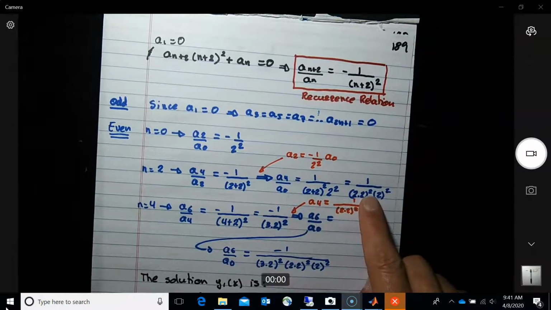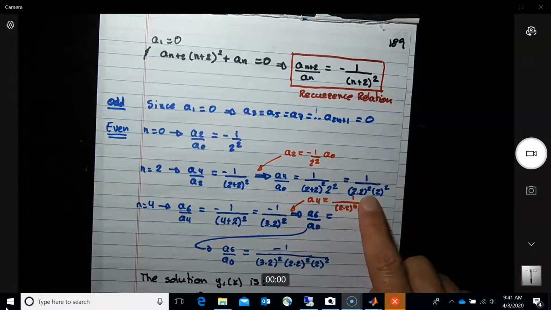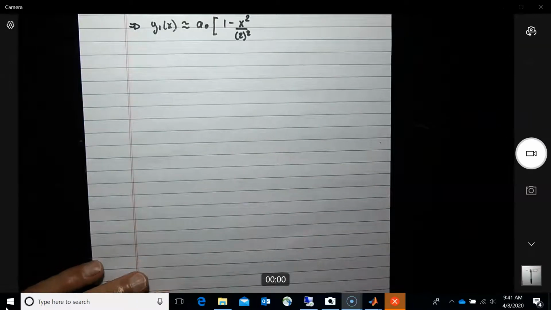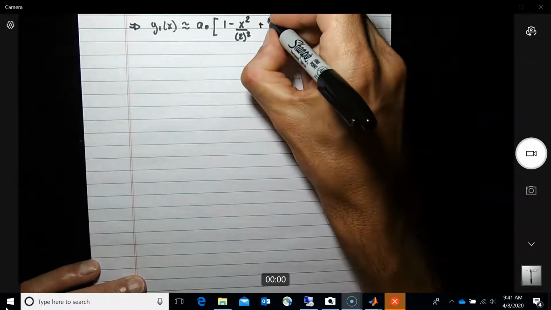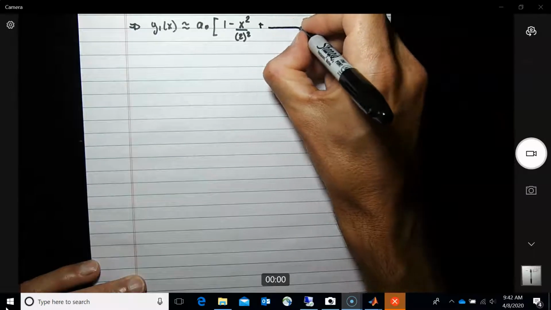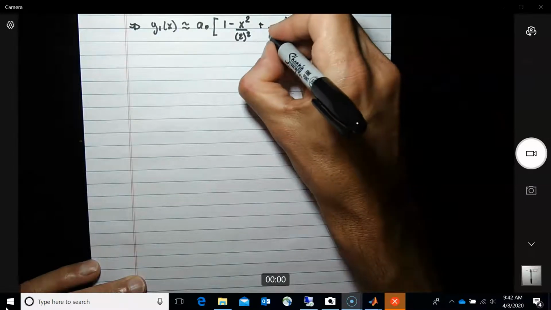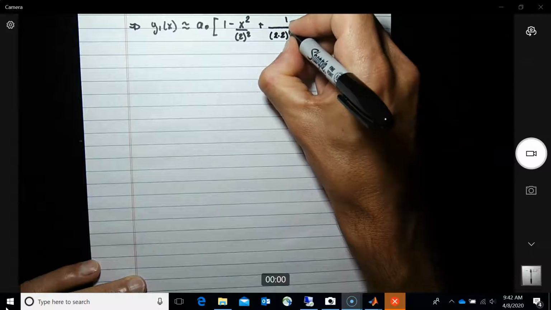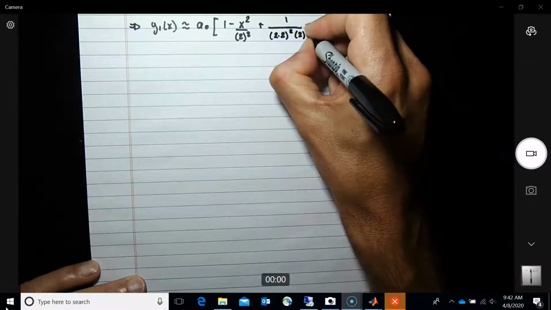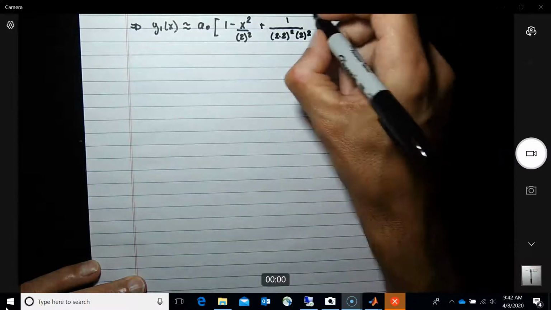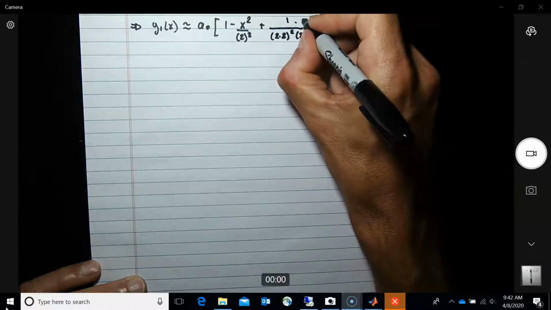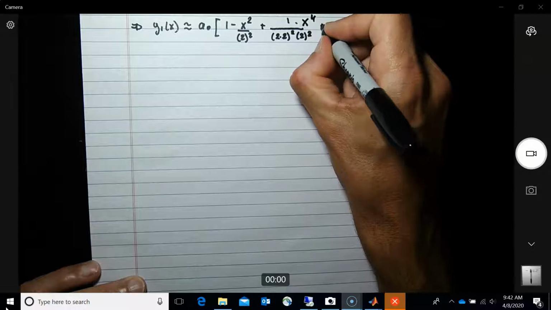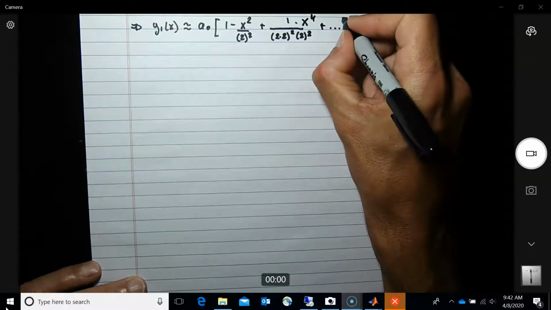The next one is a4 over a naught, which is over here, all right? So this will be equal plus, and we switch signs. This one was positive of 2 squared times 2 squared, and this is now times x to the fourth plus so on, so on.